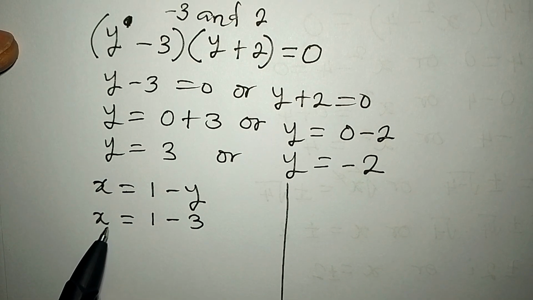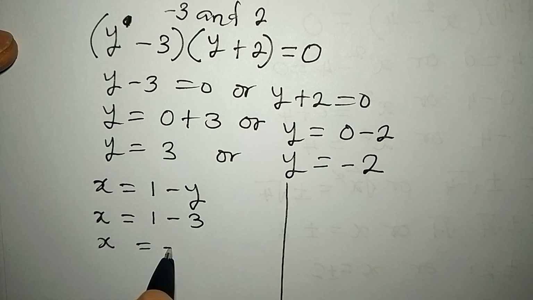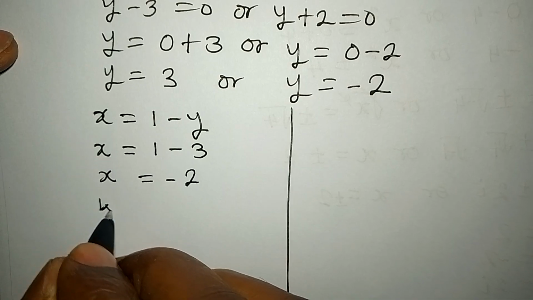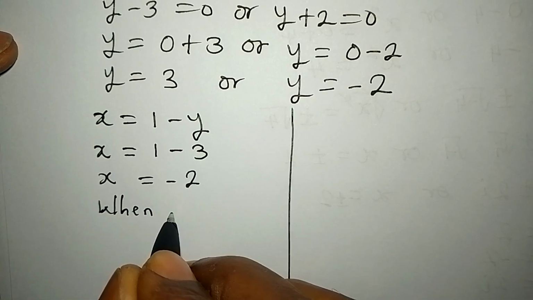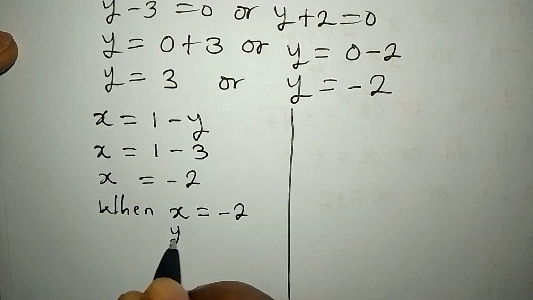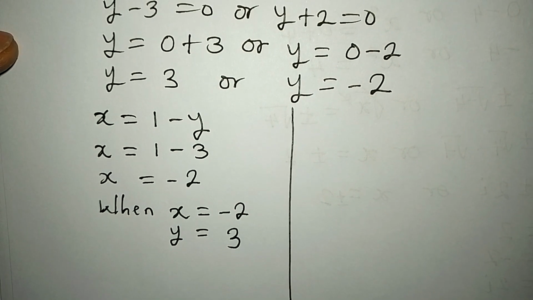So it means that x is equal to 1 minus 3, and our x is equal to -2. So to conclude this, we say that when x is equal to -2, y is equal to 3. Okay, so this is what this means.